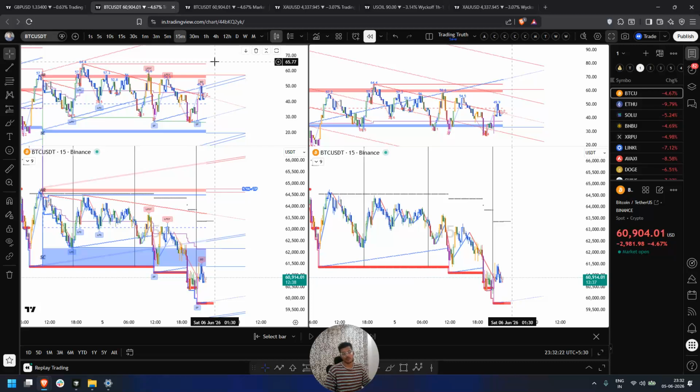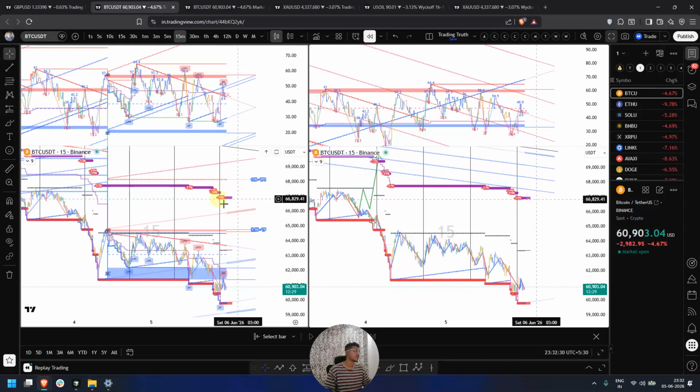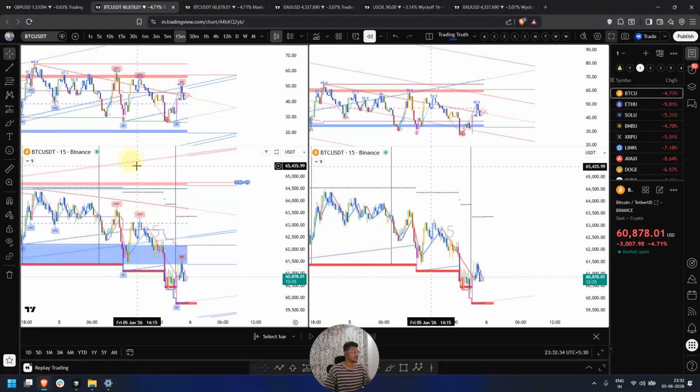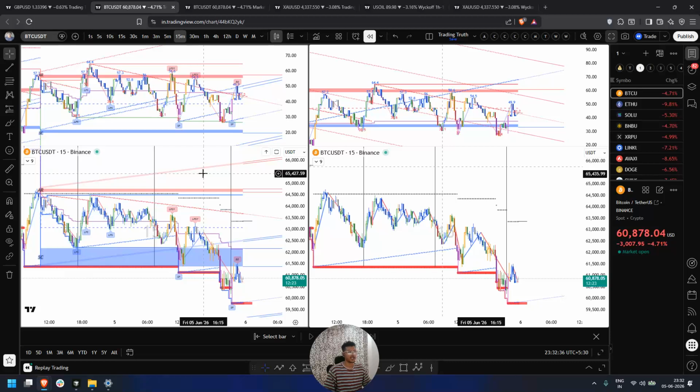Most of the institutional traders are already using these tools, but it's hand drawn or something. Even if you write an algorithm, at the end of the day, this is what they'll come up with.